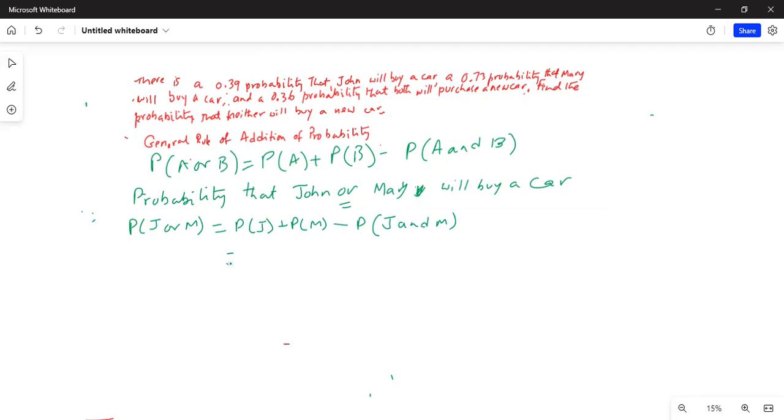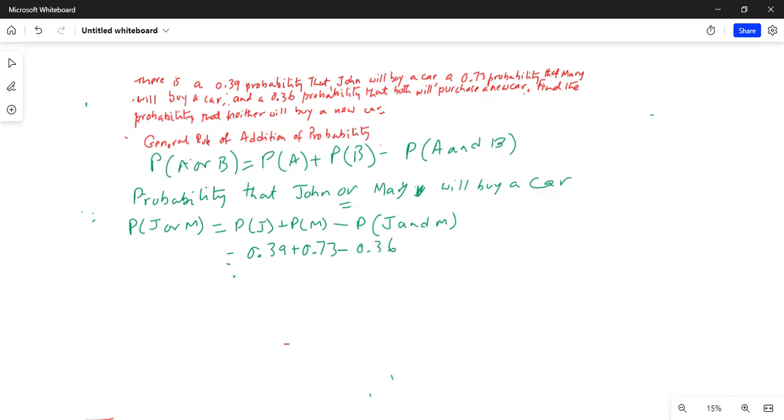Now we know the probability that John will buy a car is 0.39. Probability that Mary will buy a car is 0.73, and minus probability that both of them will buy a car is 0.36.